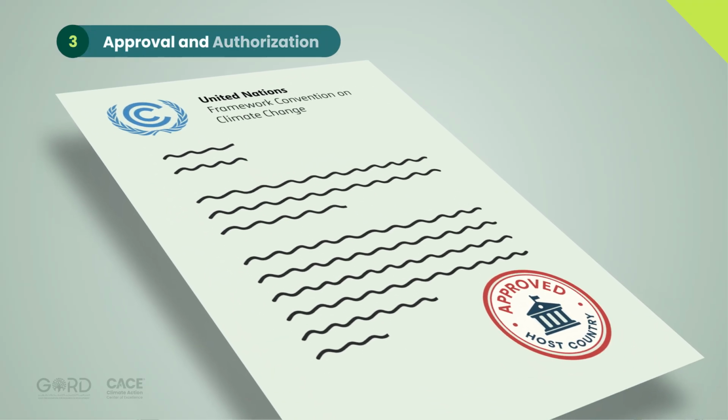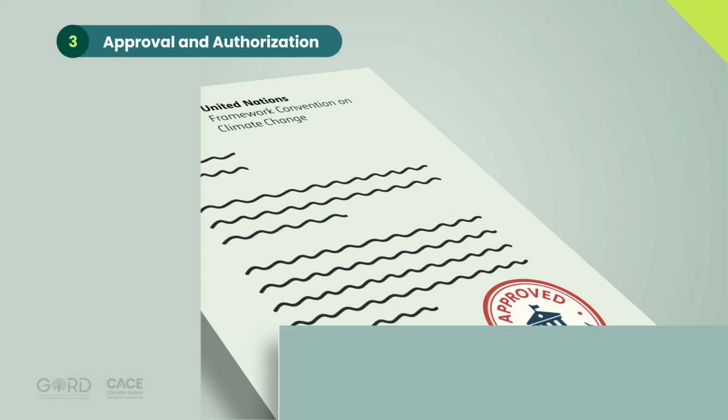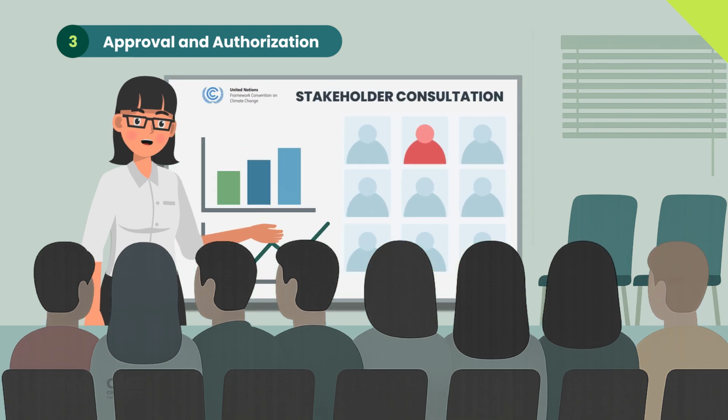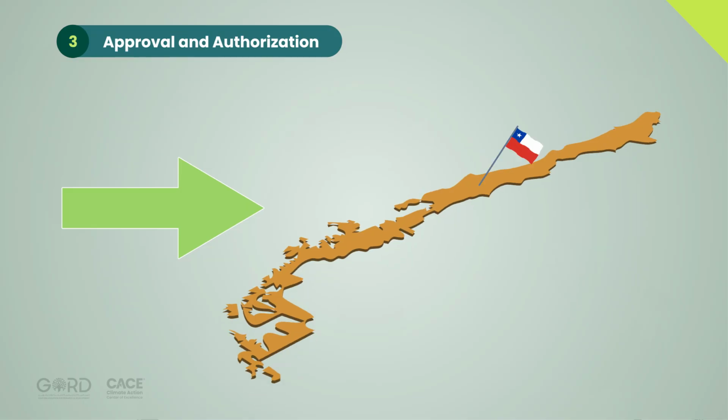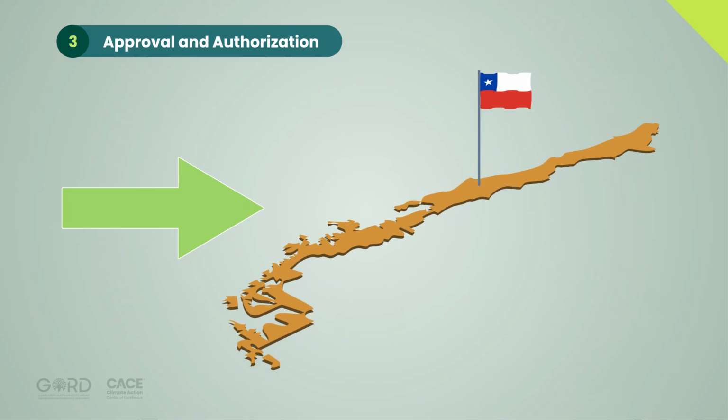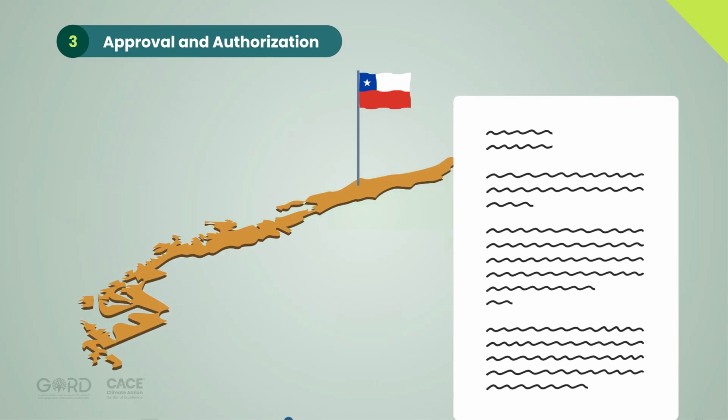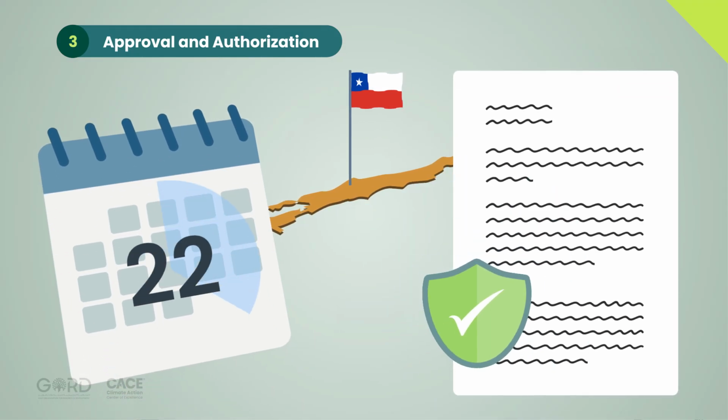Step 3. Approval and authorization. Once the global stakeholder consultation has concluded, the UNFCCC Secretariat formally requests the host country's response regarding the proposed mitigation activity. The host party is encouraged to provide its approval within 60 days of the request, or within a nationally specified timeline.